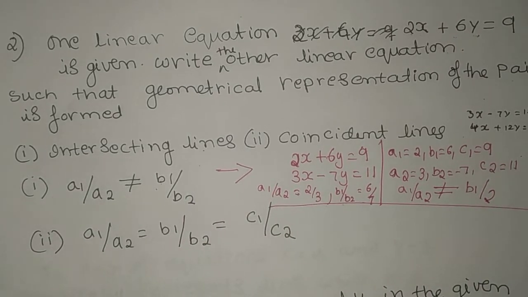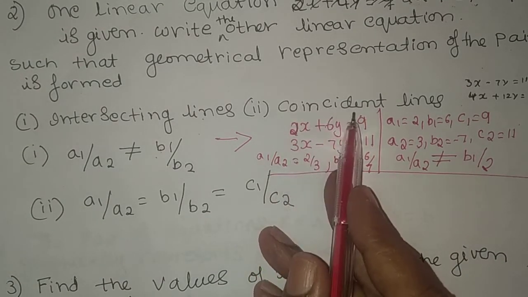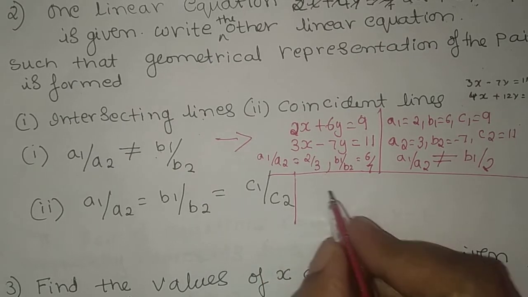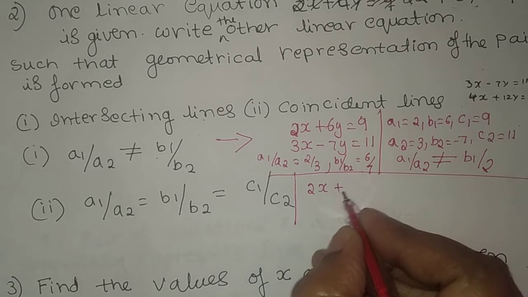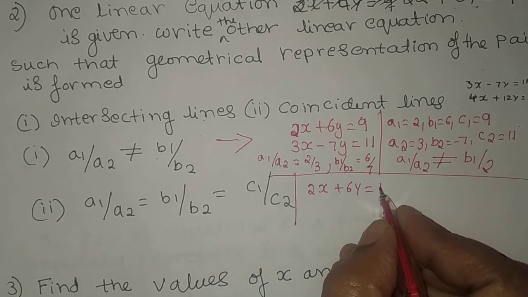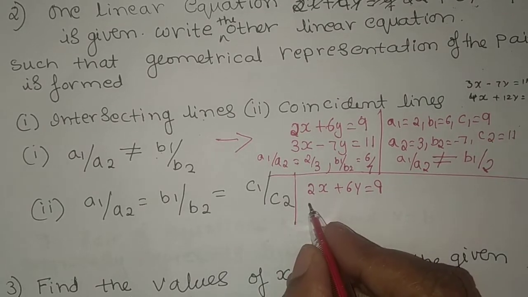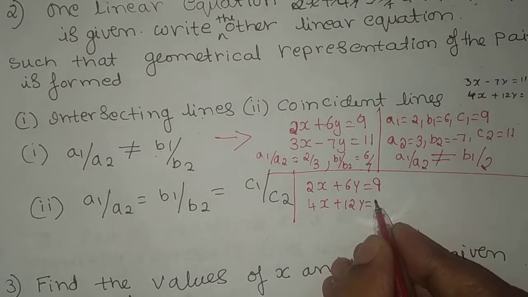Now we finish this. Next we move on to the second condition, coincident lines. For coincident lines, we take one more equation. The given equation is 2x plus 6y is equal to 9, and the other equation is 4x plus 12y is equal to 18.